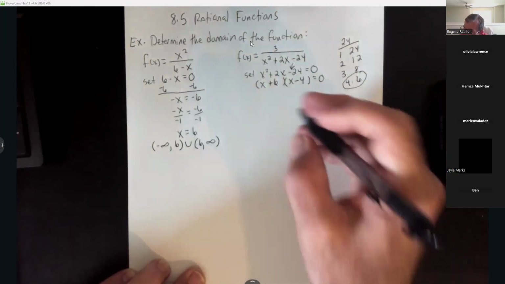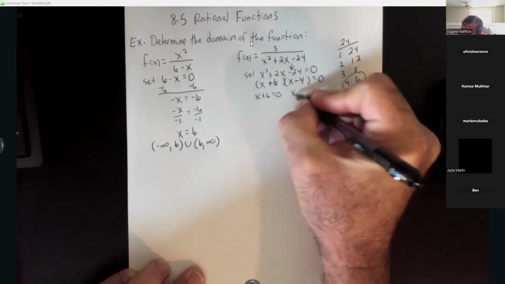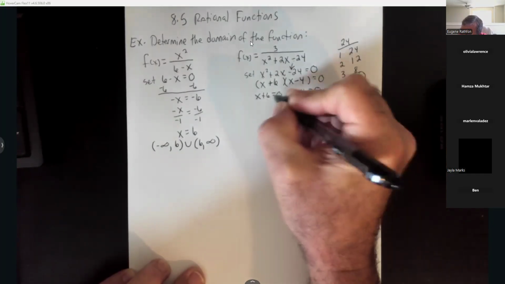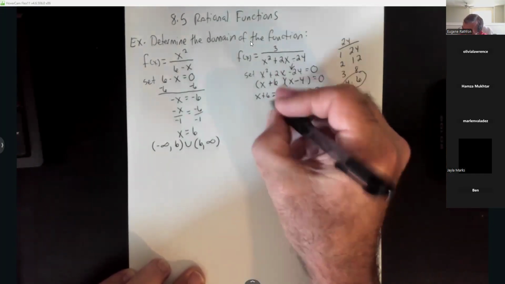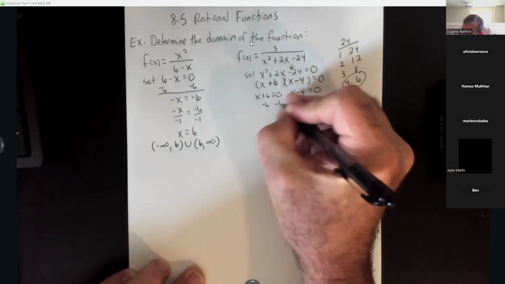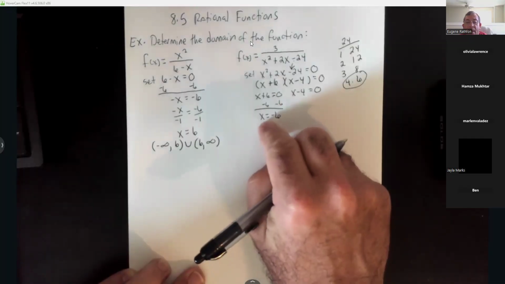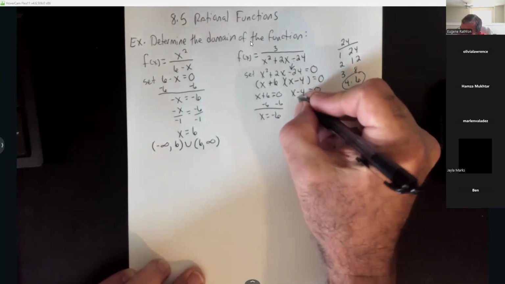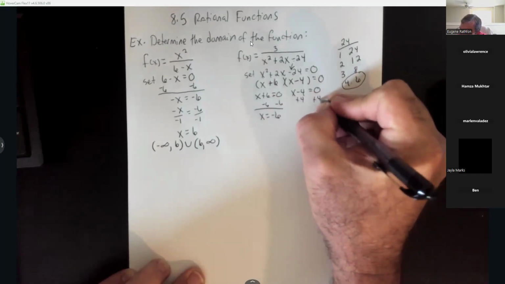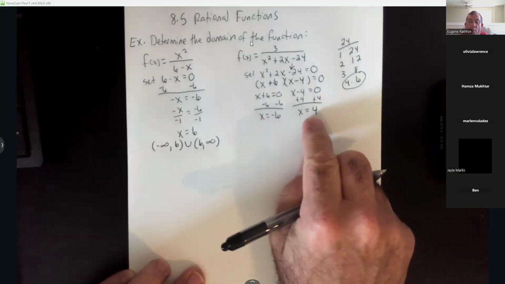At this point, set both factors equal to 0 and solve them for the x's. So on the first one, I'll just subtract 6 from both sides. I get x equals negative 6. On the second one, I would add 4 to both sides and get x equals a positive 4.